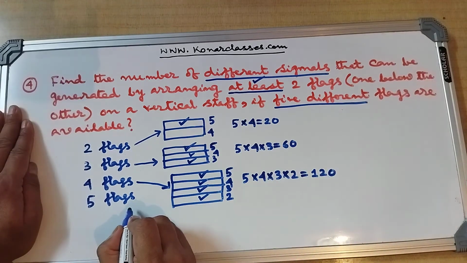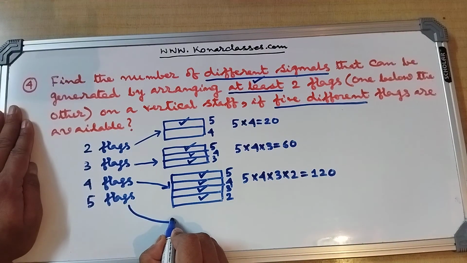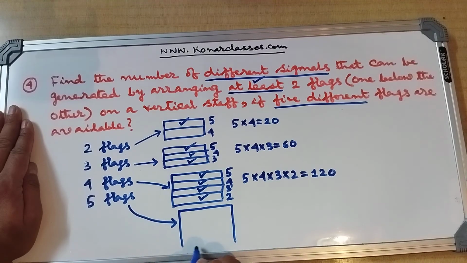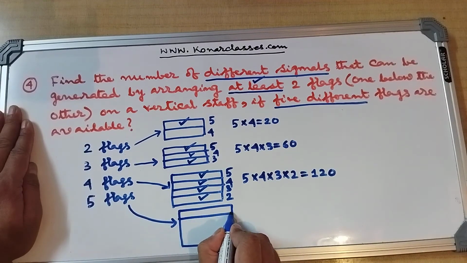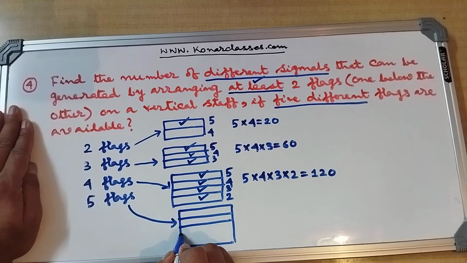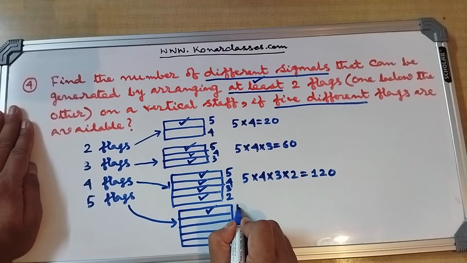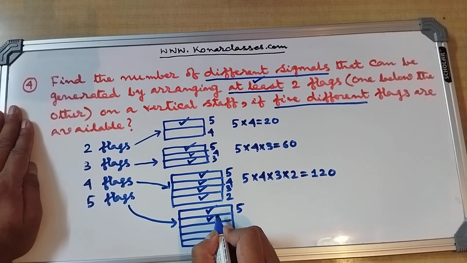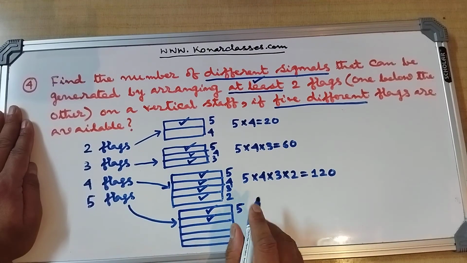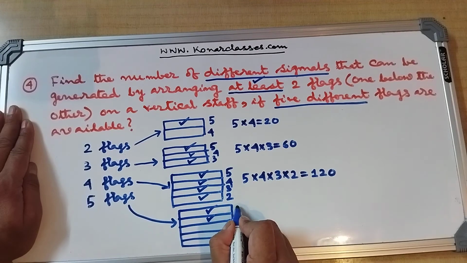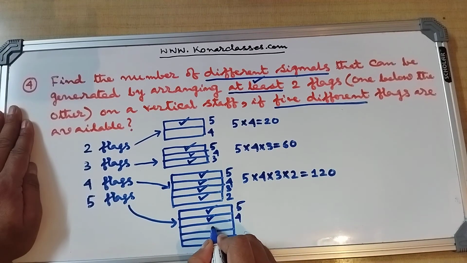Now, in a similar manner, let me draw the 5 flag system. The first place can be done in 5 different ways. The second place can be done in 4 ways. The third place in 3 ways.